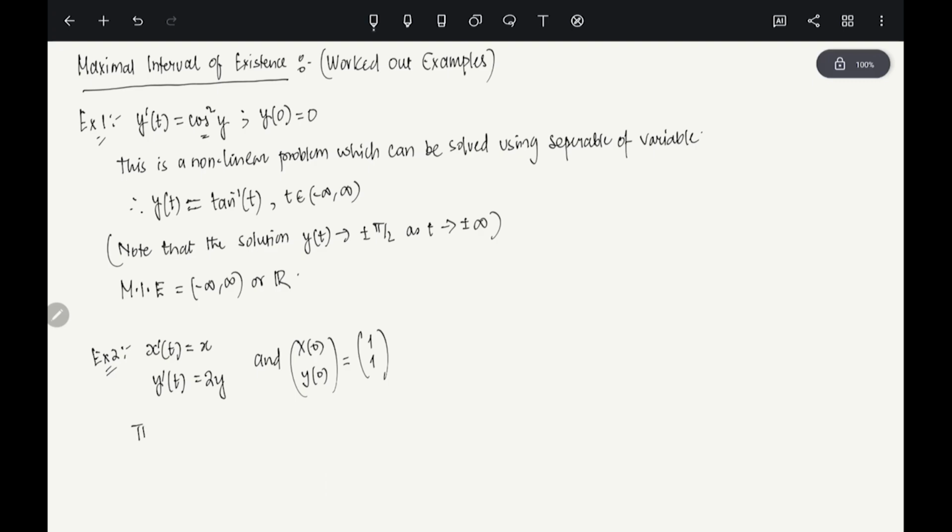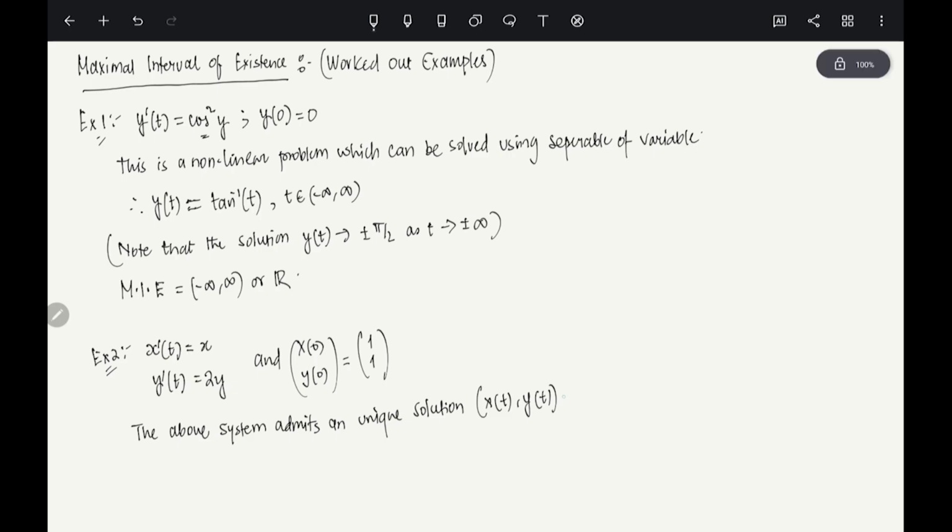The above system admits a unique solution. Of course, it has to be a unique solution. How do you know that the solution is unique? You can use Picard existence and uniqueness here, it is absolutely not a problem. So x(t) and y(t). Anyways, you do not even have to do that. This is basically a linear system.